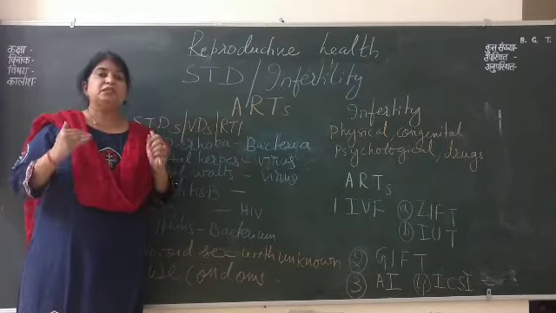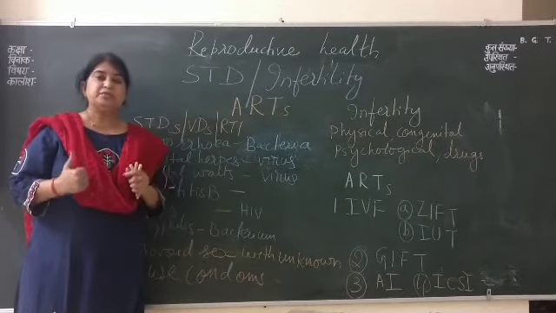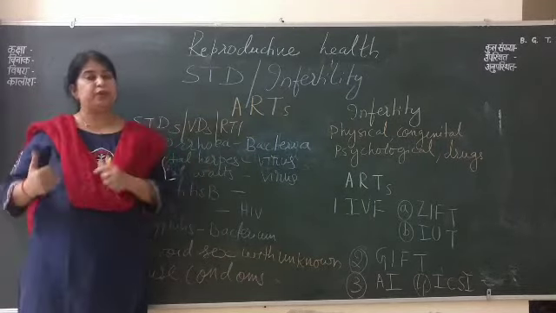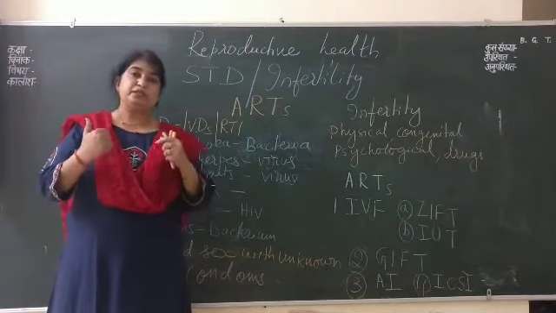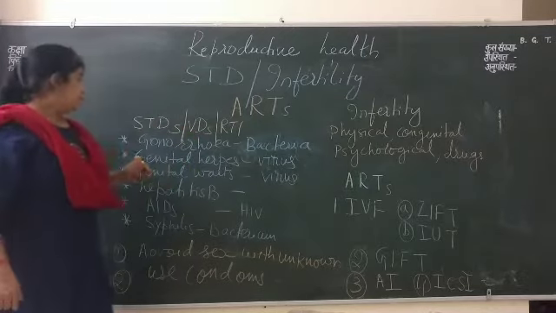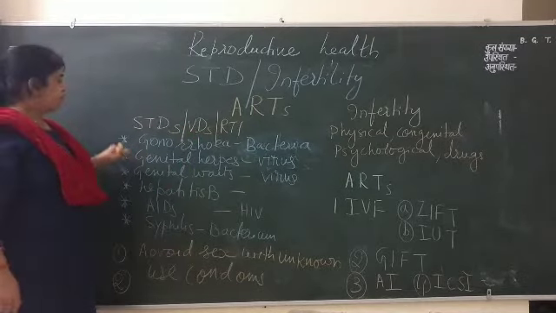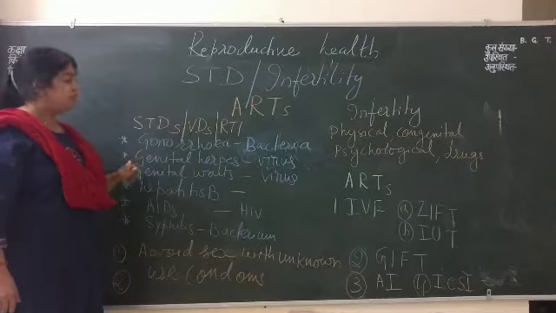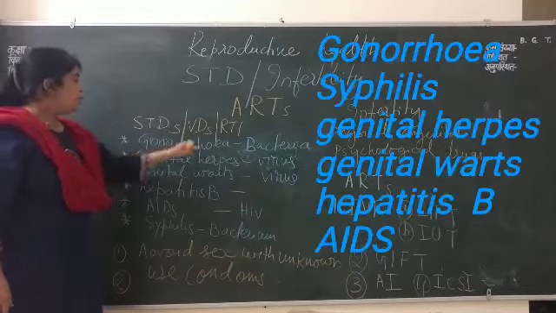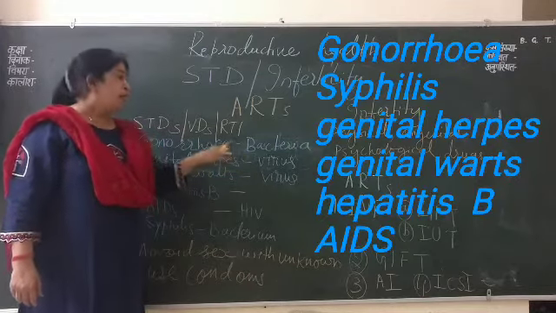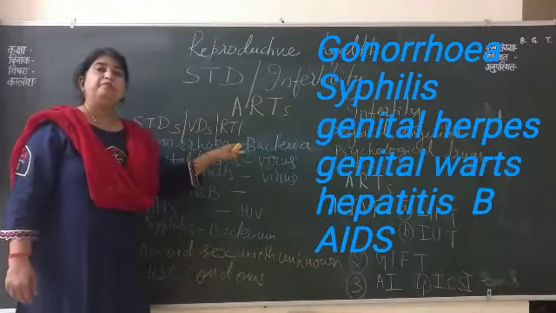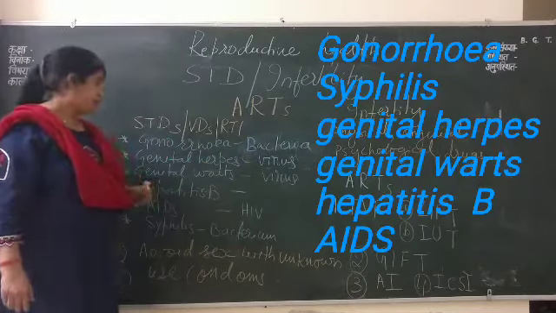These diseases are transmitted from one person to another during unprotected sexual intercourse. Some examples of STDs are gonorrhea. Gonorrhea is a bacterial disease, and in this we have painful urination.